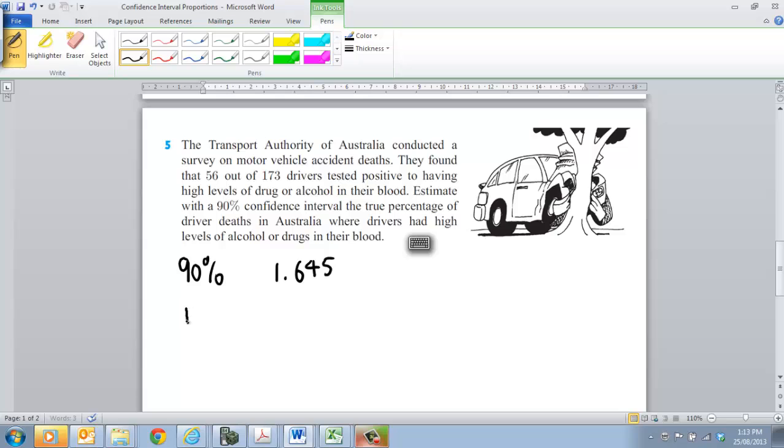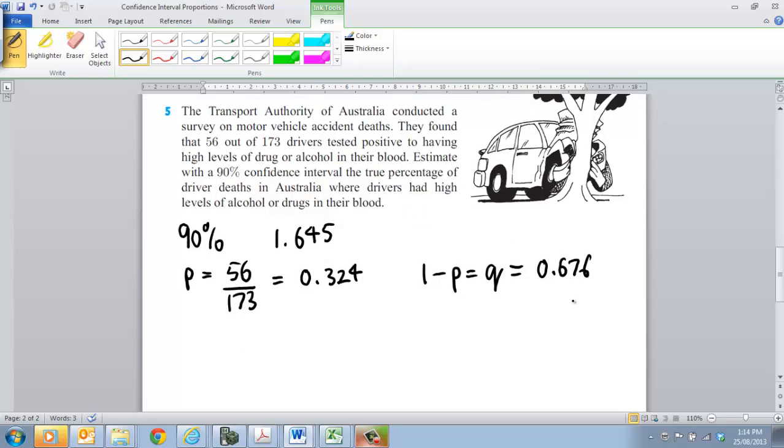When we're looking at our p value, it's going to be 56 out of 173, and that's going to be equal to 0.324 if you do that. So my 1 take p, which is my q value, is going to be equal to 0.676. So keep that in mind.